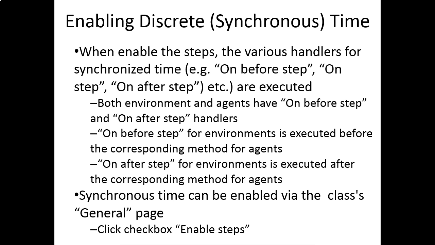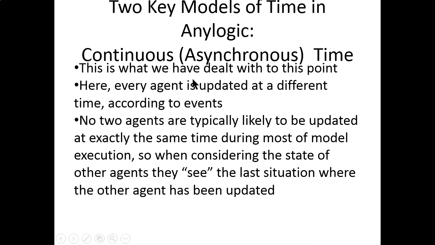In continuous time, we've dealt with this for most of our work, with system dynamics, and we dealt with this for agent-based modeling. Here, time runs as finely as needed by the modeler. In system dynamics, there's one time step imposed. You set a time step for the whole model.